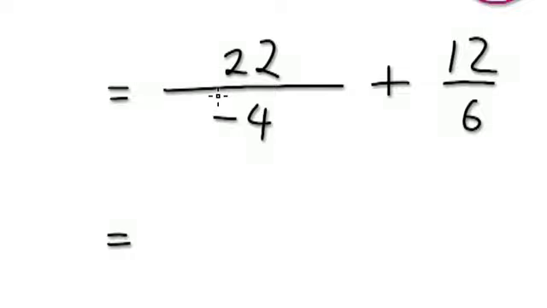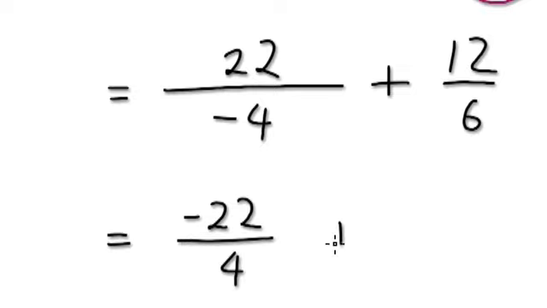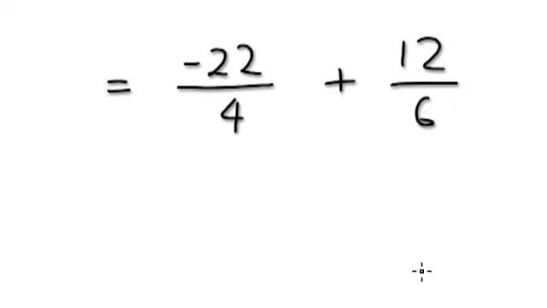Here I can actually move this negative to the top as well. Okay, I'm going to do that. I'm going to move it to the top like that. Plus 12 over 6. Let's simplify now. Even number. So I'm going to divide top and bottom by 2.